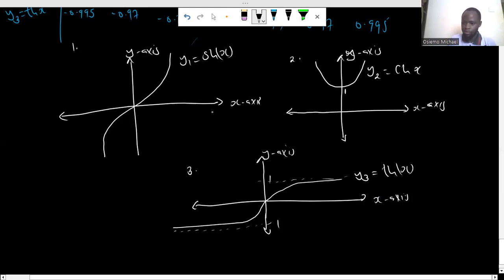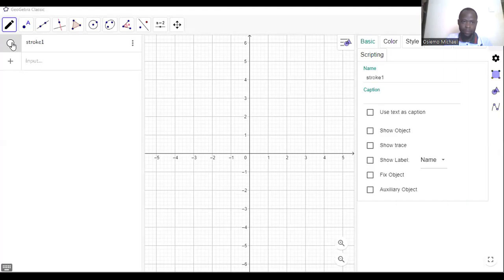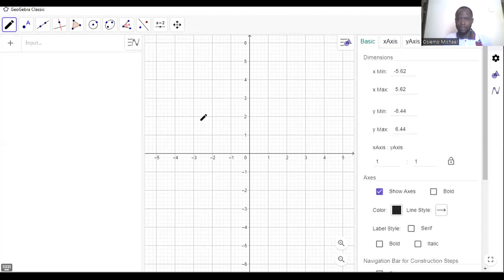So if you go to GeoGebra, you can see these three curves. You can just plot these three curves on the same graph. Delete that.